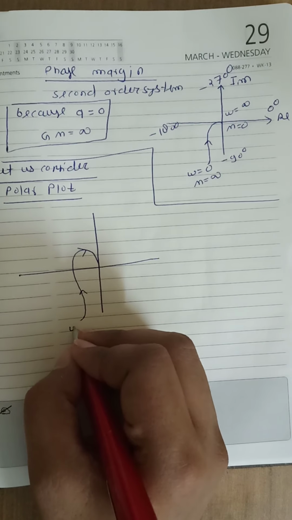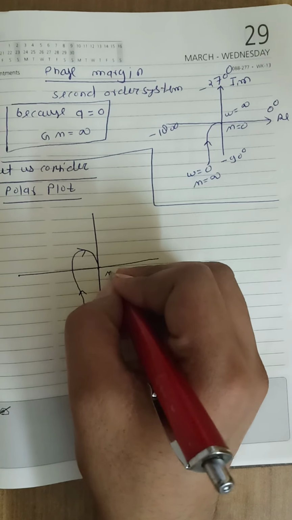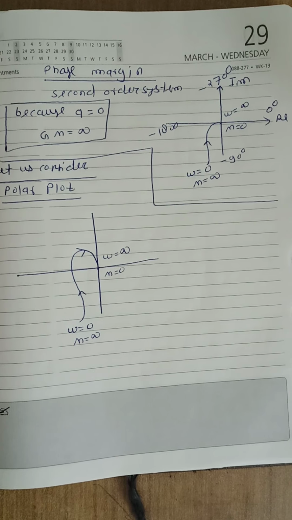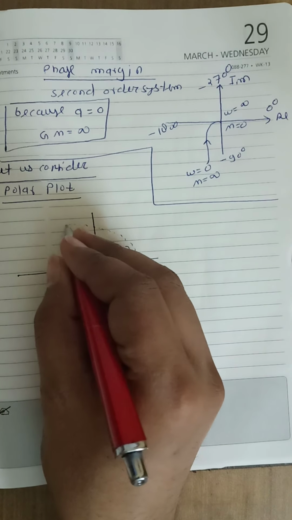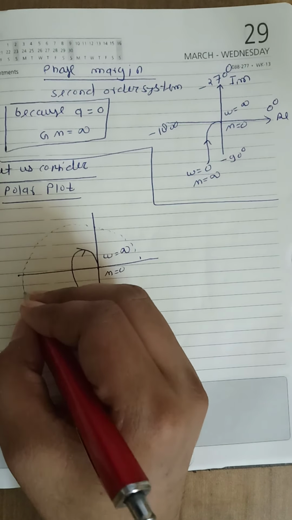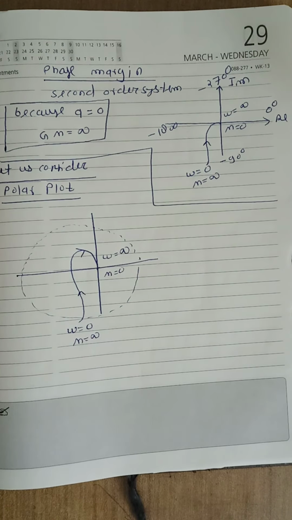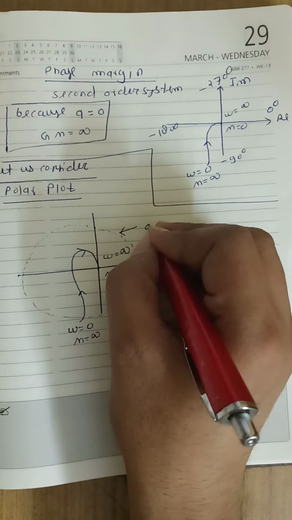Here we have starting point omega equal to 0, magnitude infinity. Here we have magnitude 0, omega equal to infinity. Now let us see how we can define the phase margin. First, we will draw a circle with the origin at center and unit radius, or you can say we will draw a unit circle.